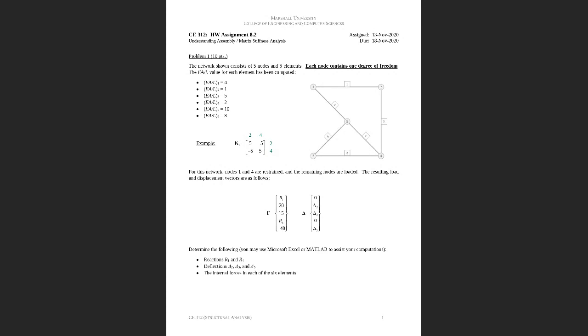There are 6 elements and there are 5 nodes. So first off, the full-blown K matrix is going to be 5 by 5. Let me show you for the sake of discussion with element number 3, so that you all have an idea. I think if you see this, you'll see it's not that bad.